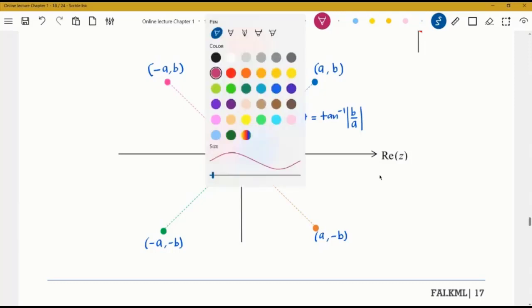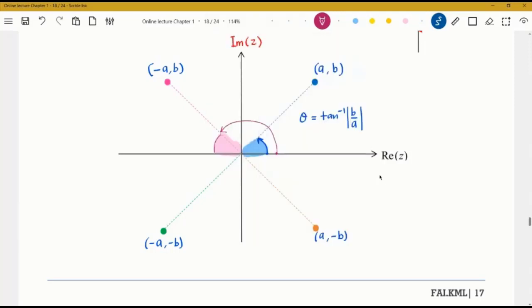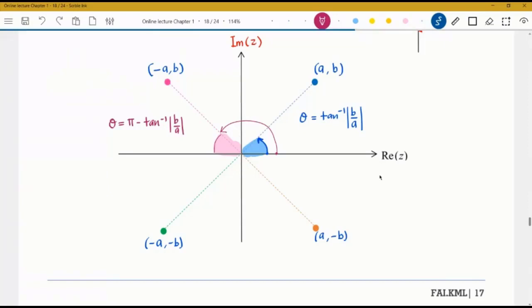So angle dia adalah formula di mana pi minus inverse tangent modulus B over A. Okay, kenapa saya letak modulus juga? Sebab di sini ada negatif. So untuk elakkan kamu masukkan negatif tu, saya letak modulus kat sini. Okay, alright, itu untuk first dengan second quadrant.